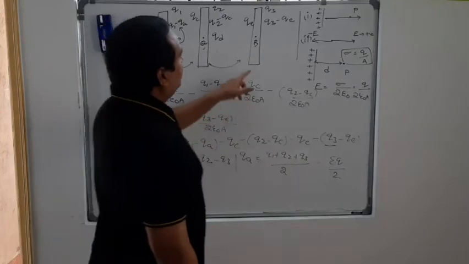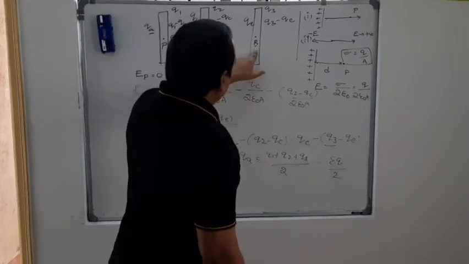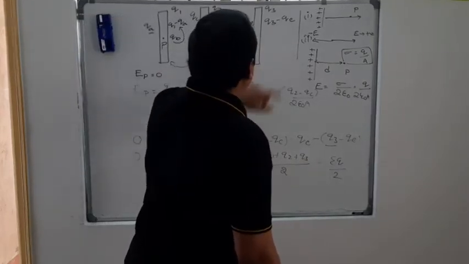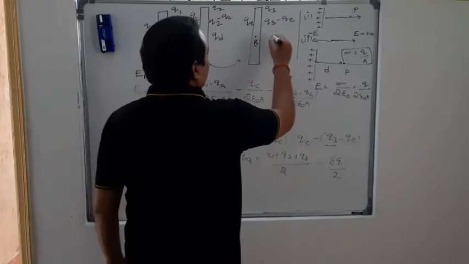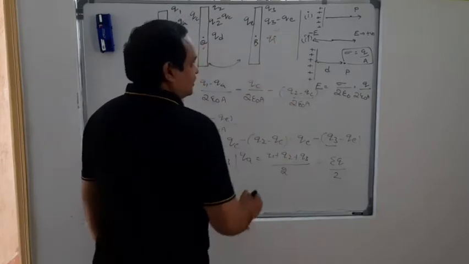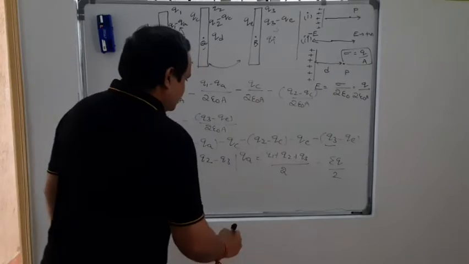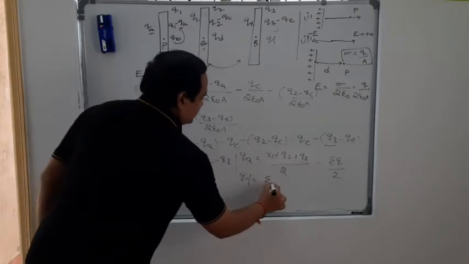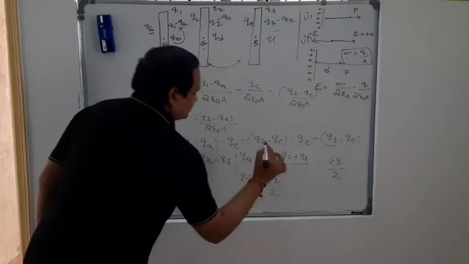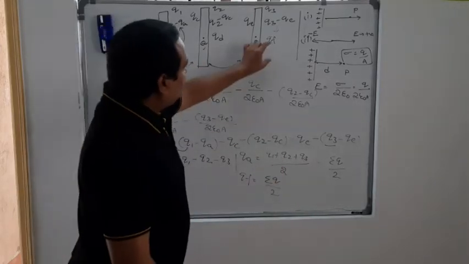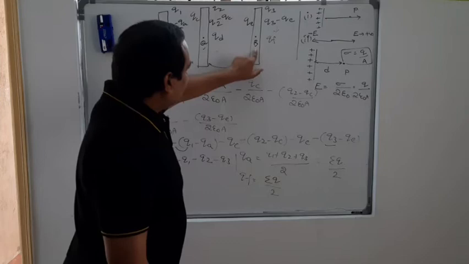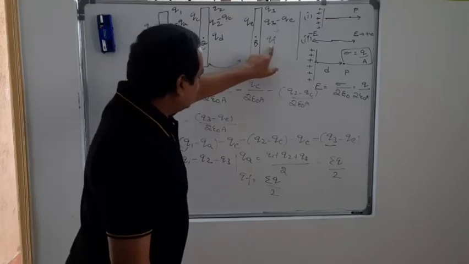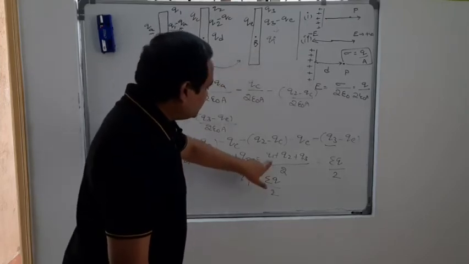And when electric field at R equals 0, if I write what we get, QF, this is Q3 minus Q, which let us take as QF. QF we get as sigma Q by 2. Okay? If you write electric field at R0, then QF we get the same value, that is Q1 plus Q2 plus Q3 by 2.